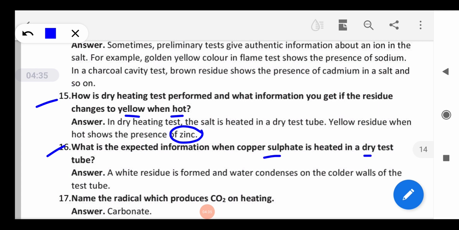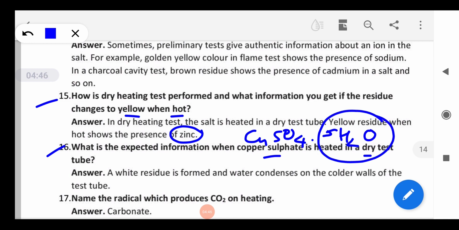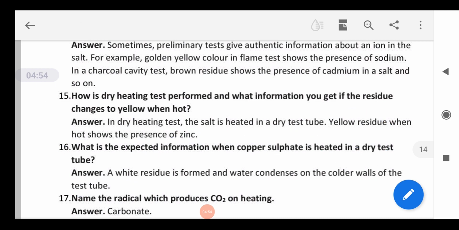Crystalline copper sulfate has 5 molecules of water, called water of crystallization, and when we heat it, this water evaporates and condenses on the wall of the test tube. After the loss of water, the blue color of the copper sulfate changes into white.